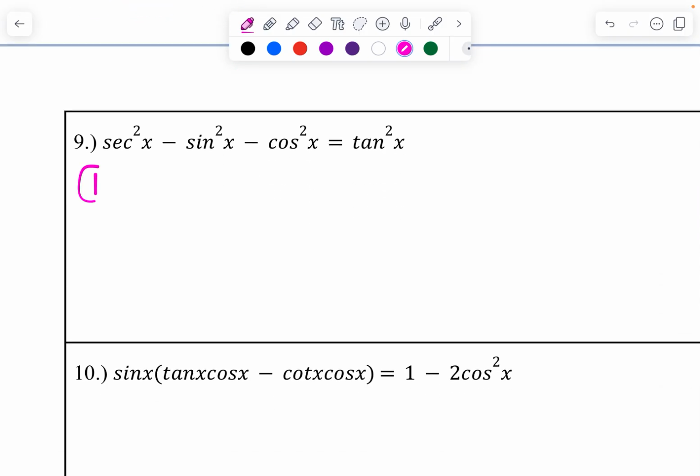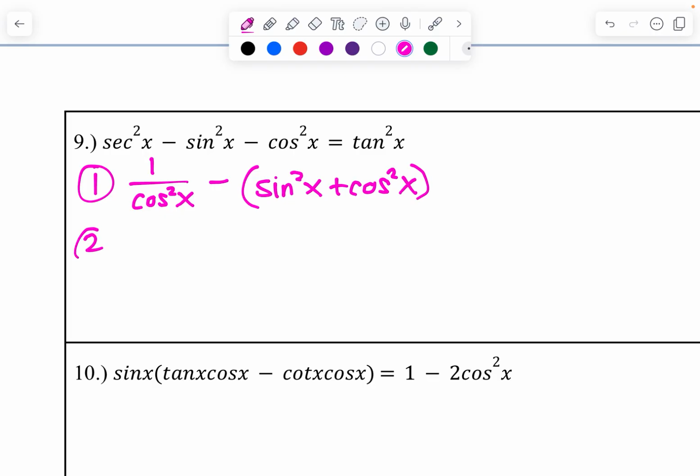All right, so again, let's try writing this in terms of sines and cosines. So it's 1 over cosine squared. Here I'm going to factor out a 1 so that I can have sine squared plus cosine squared. So maybe I didn't want to write that as 1 over cosine squared. Let me take that back. If I take it back to secant squared of x minus 1, because sine squared of x plus cosine squared of x equals 1.